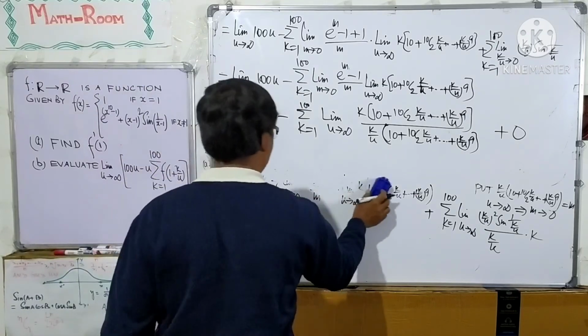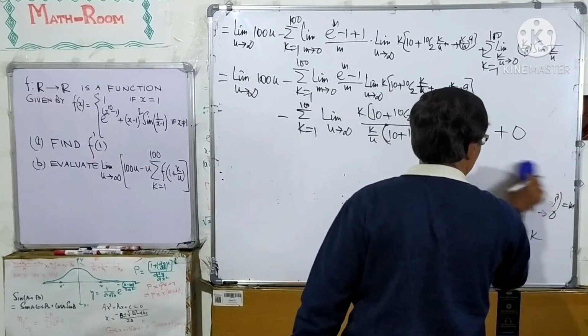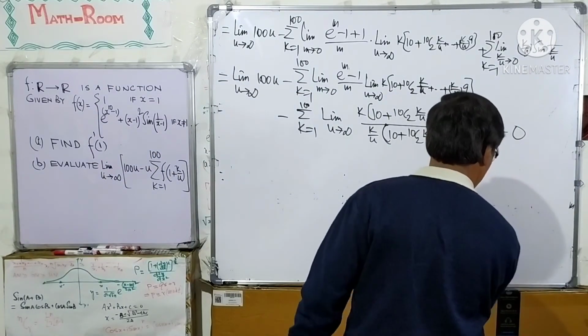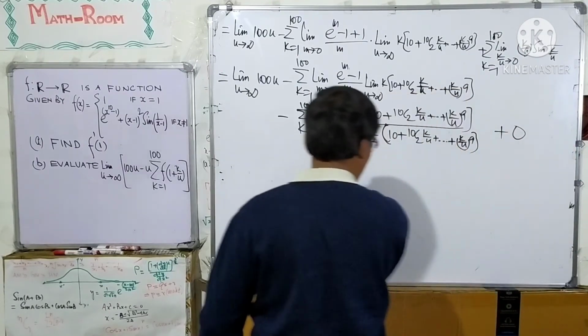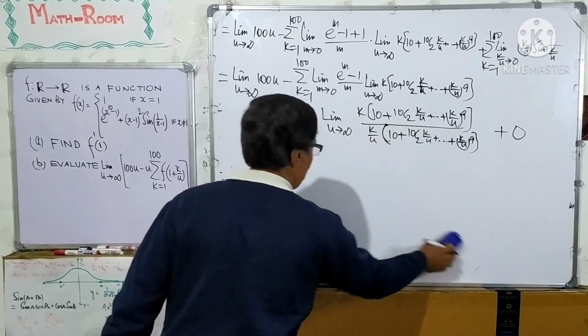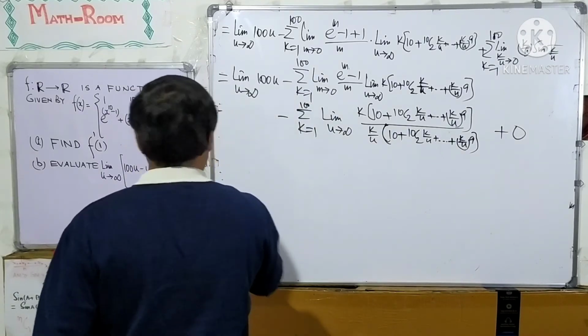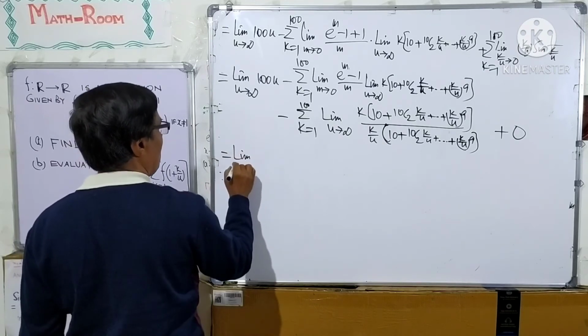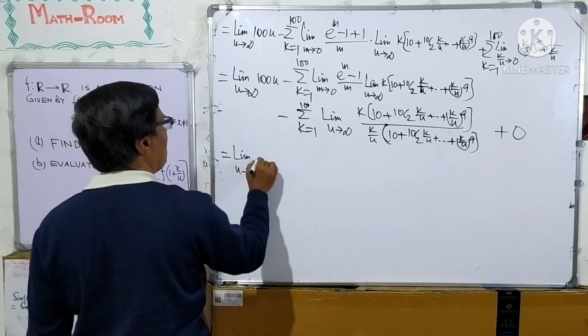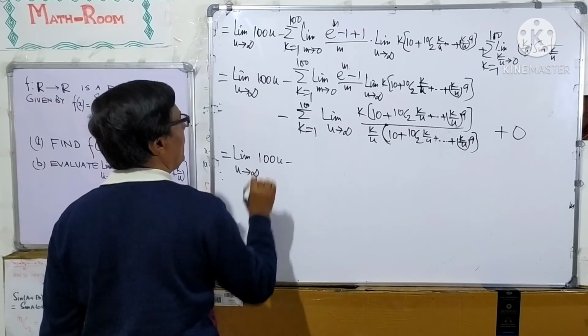So, we have the limit as u tends to infinity of 100u minus.